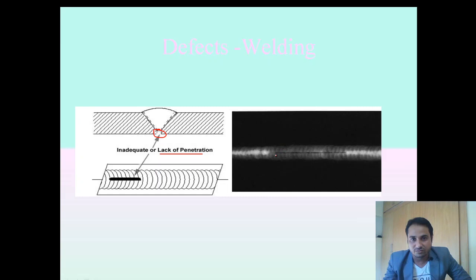At the center portion there will be a dark line, because more rays travel through this portion, with more impingement of the rays, and it makes it dark. This is a very severe defect, and I think none of the codes accept this, and we need to give a repair, cut and reweld. So for lack of penetration, we get a straight line at the center.